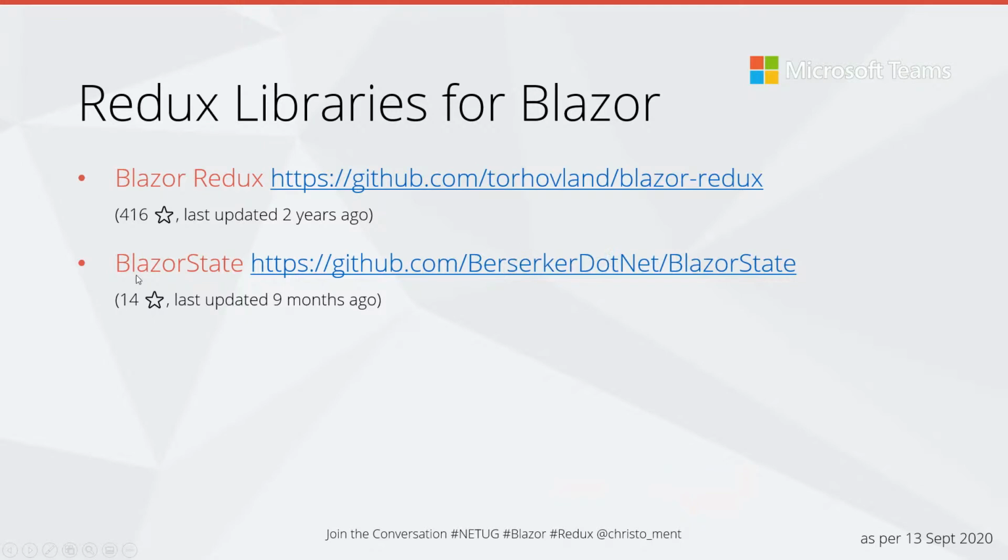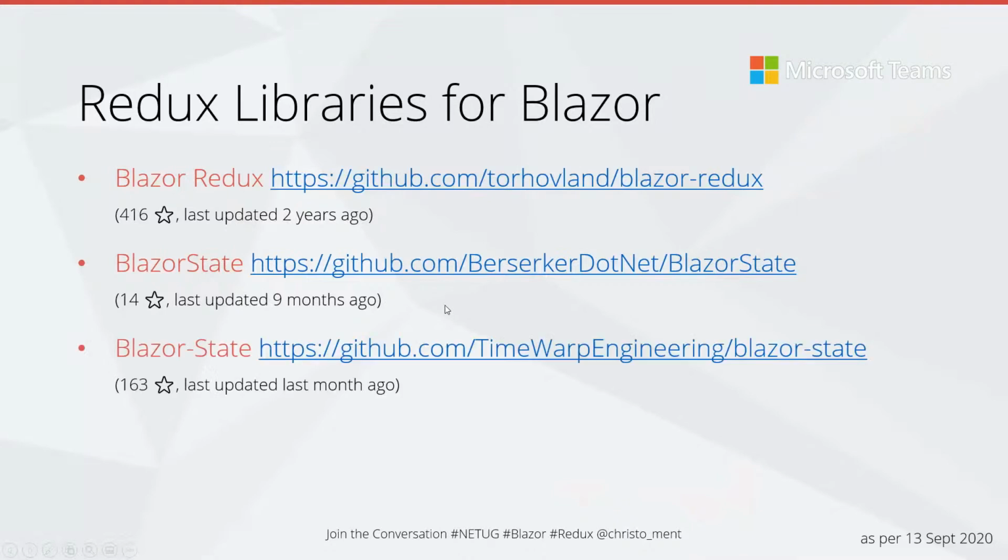Next one is called Blazor State. It has 14 stars. It's not much, but it was updated more recently than the previous one, 9 months ago. The third one is called Blazor Dash State, developed by Time Warp Engineering. It has 163 stars and has also been updated recently.